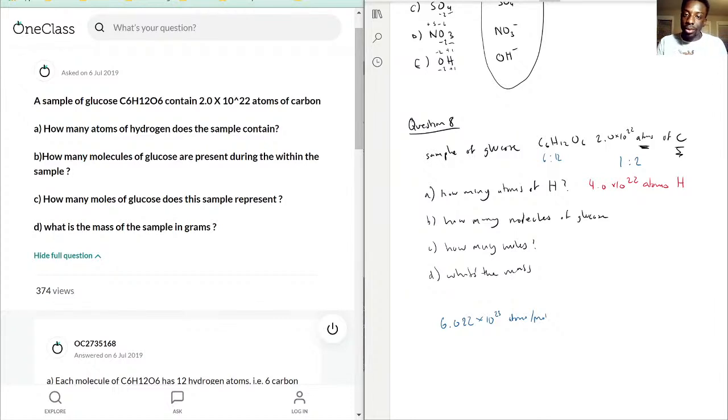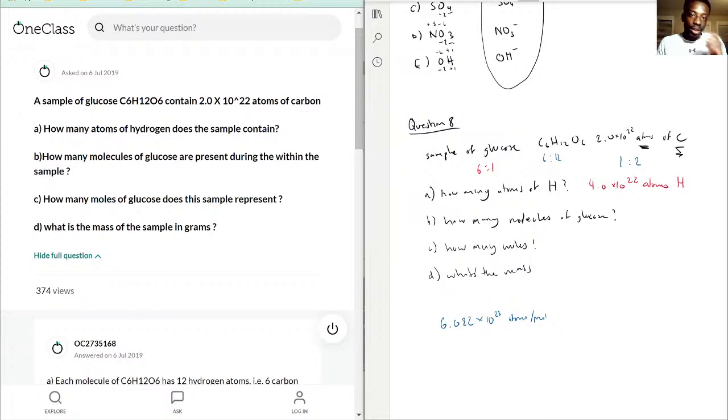Now with this, we can also say how many molecules of glucose, because remember we're still dealing with atoms, so for every 6 carbons there's 1 glucose. So now it's a 6:1 ratio for the glucose. With that we just divide the 2 by 6.